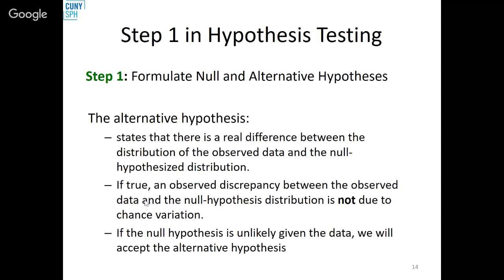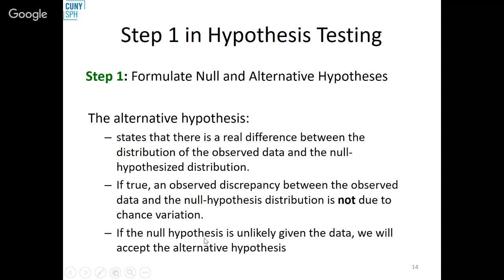And then the alternative hypothesis states that there is a real difference between the distribution of our observed data and the distribution that we hypothesized under the null distribution. And if that is true, then the observed discrepancy between our observed data and the null hypothesis distribution is not due to chance sampling variation, but to some systematic difference.